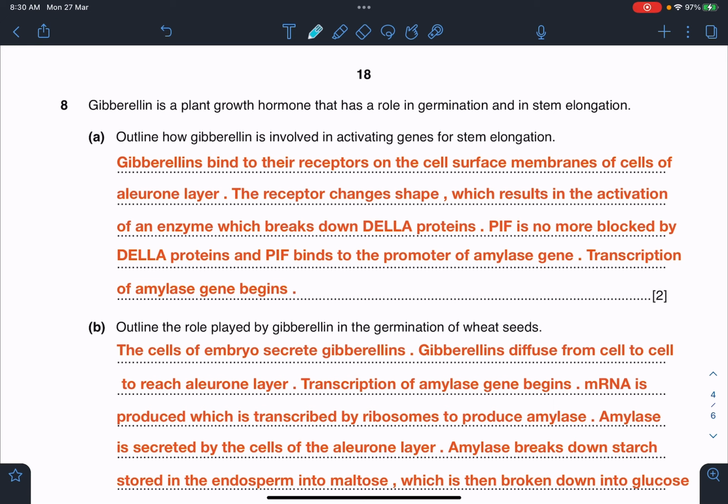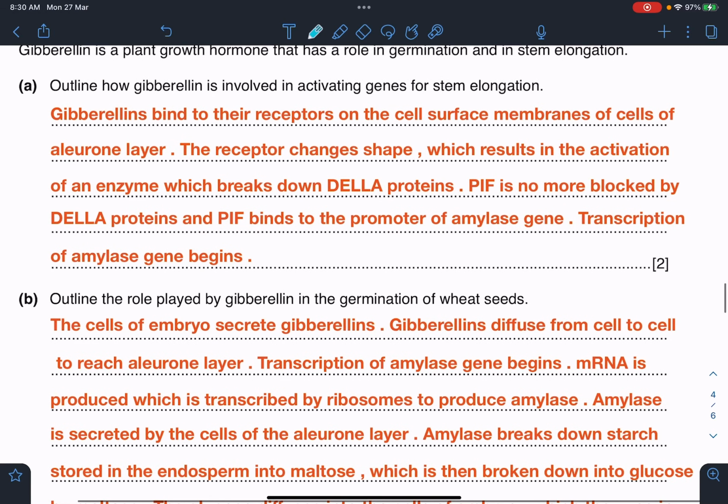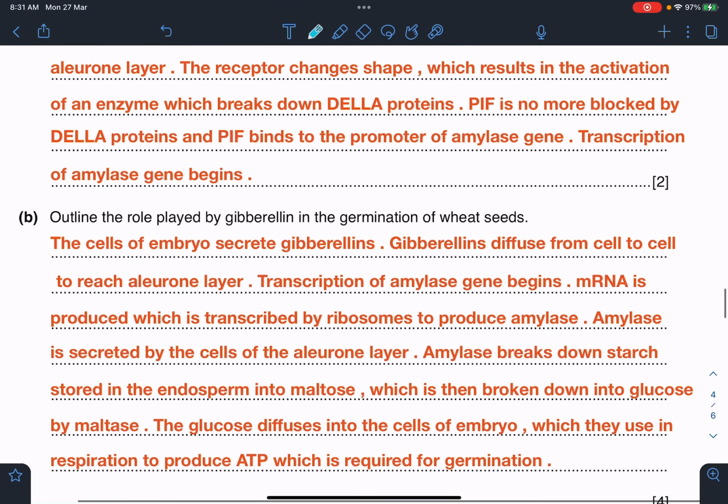Gibberellin is a hormone, and we all know hormones have their respective receptors. So gibberellin will bind to the receptors on the cell surface membranes of cells of the aleurone layer. When binding occurs, the receptor changes shape, which results in the activation of an enzyme.